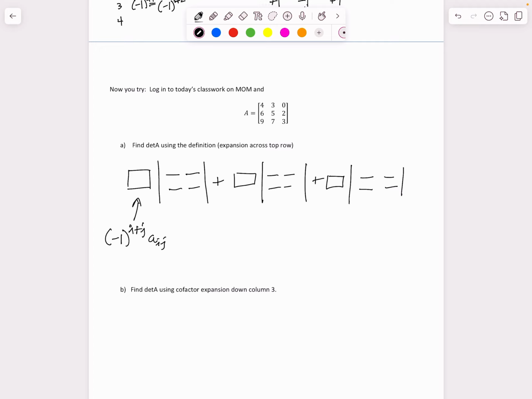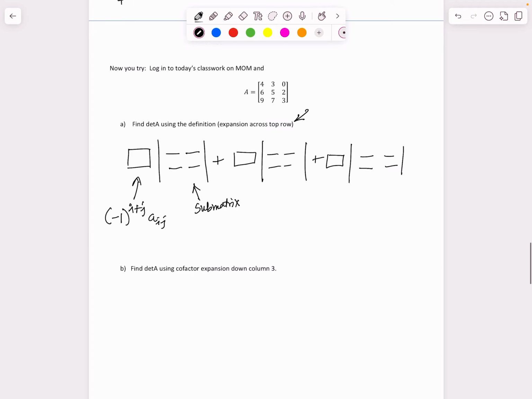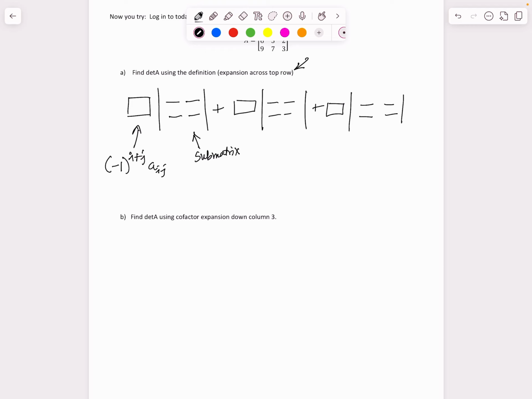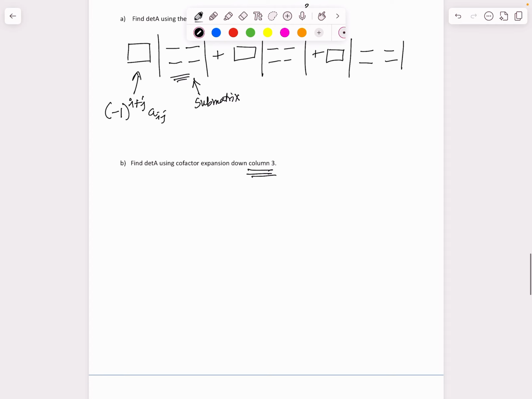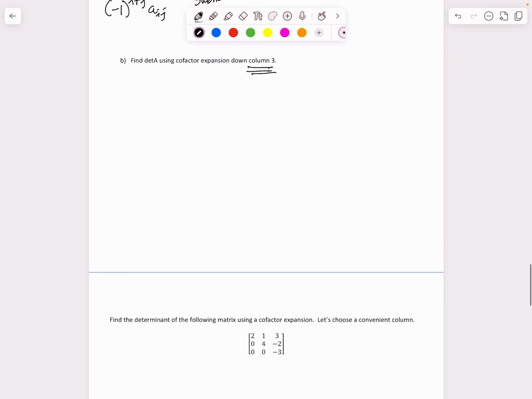And then this is the submatrix. Basically I want to see if you can set it up correctly, and this is going to be going across the top row. You're going to be filling it all in, and then the second step you'll be finding the different values, then finding the values for these determinants, and then finally calculating the actual determinant value for the matrix. The second one is asking you to go down column 3. So I'd like you to try those, and I'll pause.